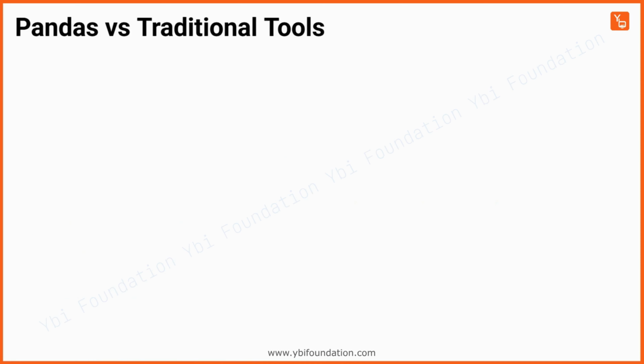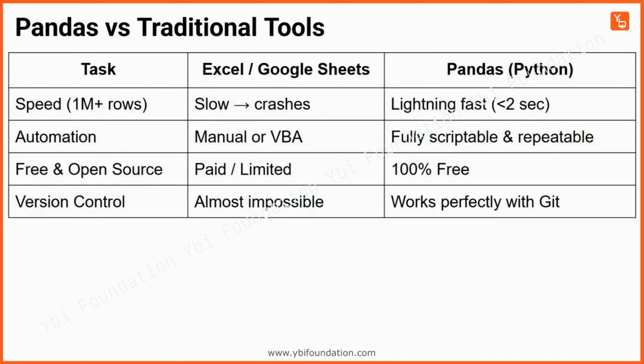Let's compare in a simple way Pandas versus other traditional tools like Excel or Google Sheets. We can say that Excel and Google Sheets cannot handle a million rows. They are either slow or they crash. They will not open. Pandas does it very easily. Automation is very limited in Excel.